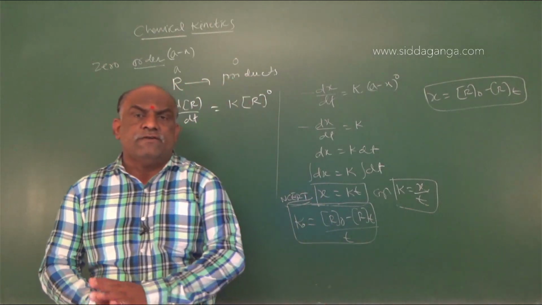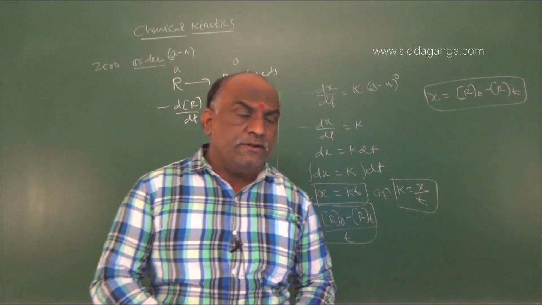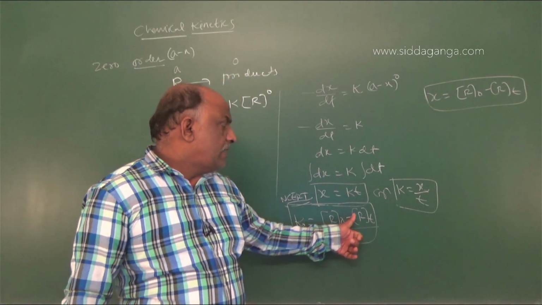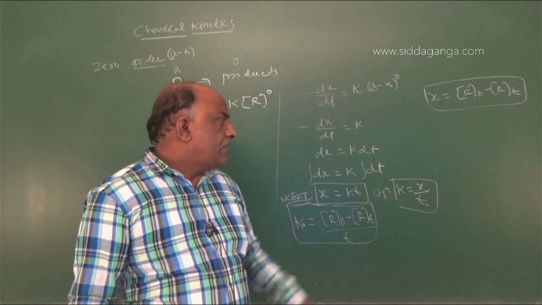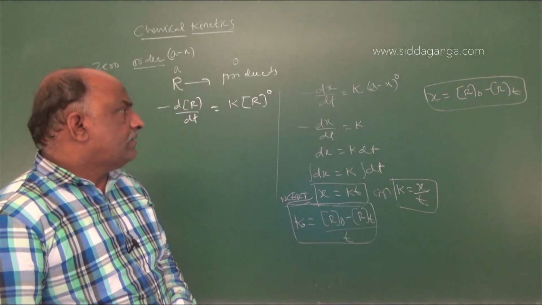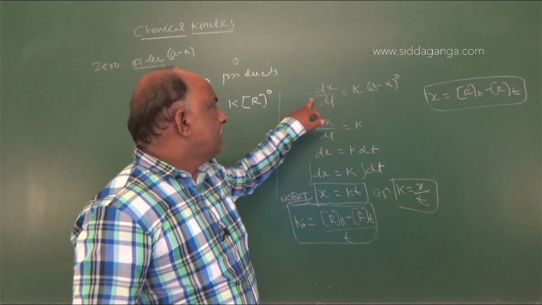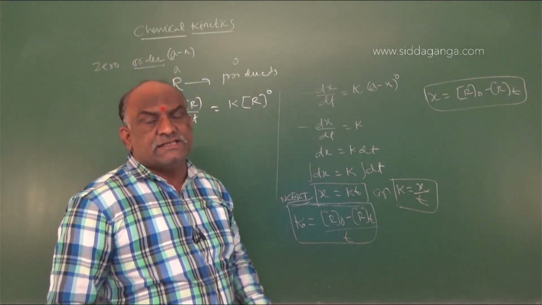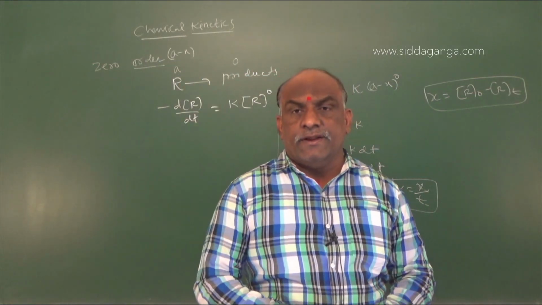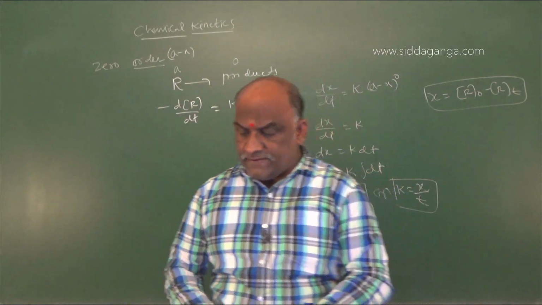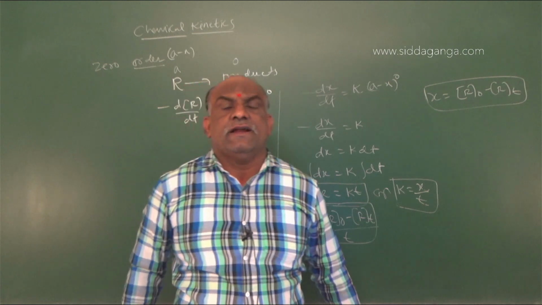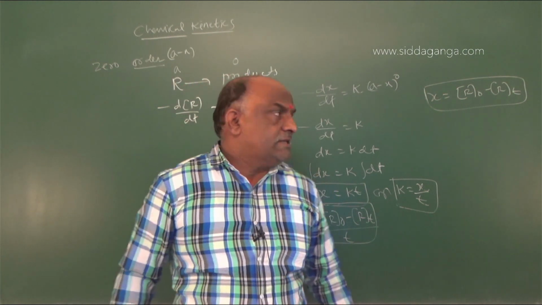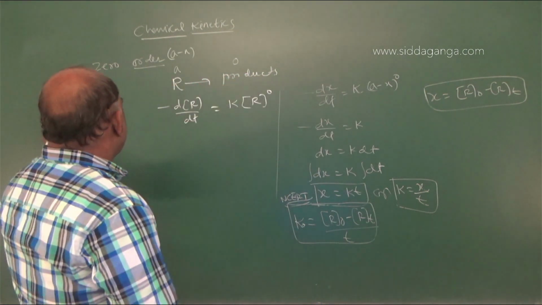You can use any one of the formulas. And here we should go with the a minus x versus t graph. The a minus x versus t graph and the rate versus time graph are both there for the zero order reaction, so two types of graphical representations.